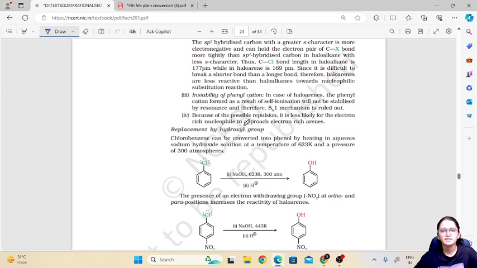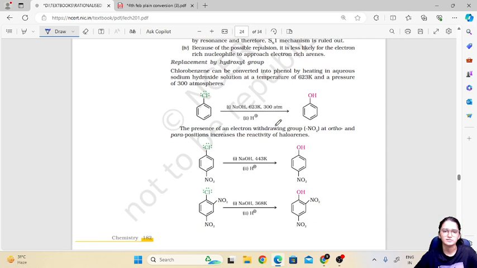Then there is the instability of the phenyl cation. The phenyl cation formed as a result of self-ionisation will not be stabilized by resonance, and therefore SN1 is ruled out. Also, because of possible repulsion, it is less likely for the electron-rich nucleophile to approach the electron-rich arenes.